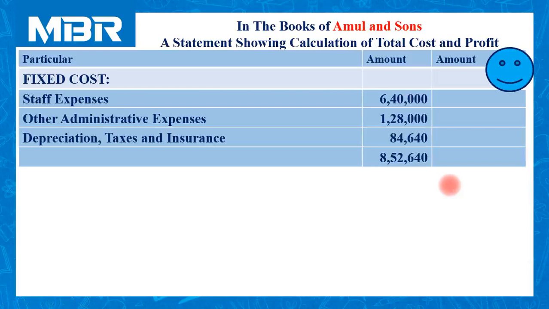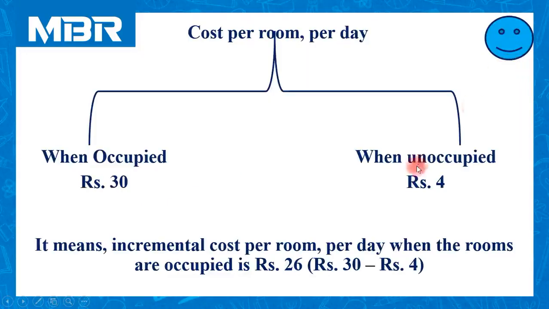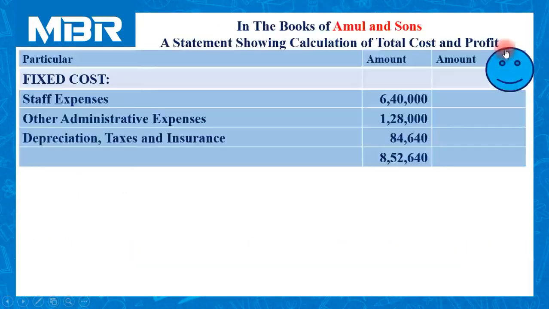Now, our understanding makes a difference in our calculation. Now we have two different types of expenses that we have checked over here. When rooms are unoccupied, we need to pay 4 rupees. So simply you can say that rupees 4 payable for all 365 days irrespective of the level of occupancy.